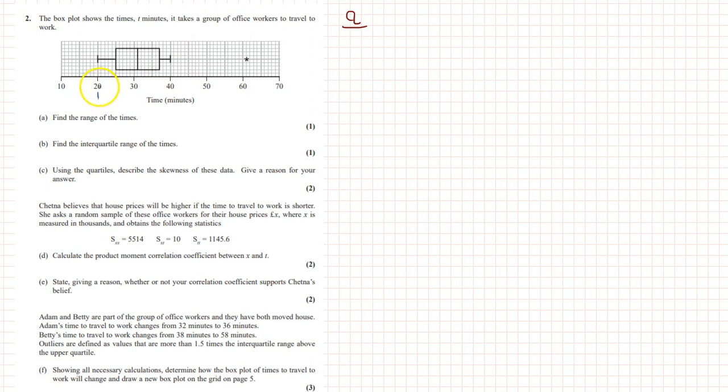So this is the lowest, smallest, and there's an outlier here, that is 61. So the range is 61 minus 20. So that is 41.